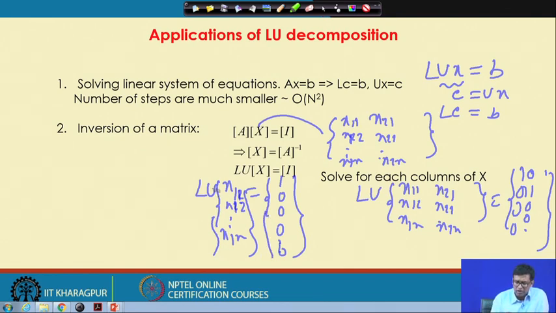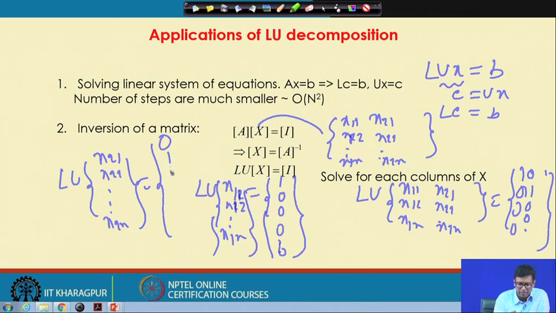Now, I again solve another matrix equation LU into x21, x22, x2n equal to the second column of the identity matrix, 0 1 0 0, and I get the second column of X, and so on.